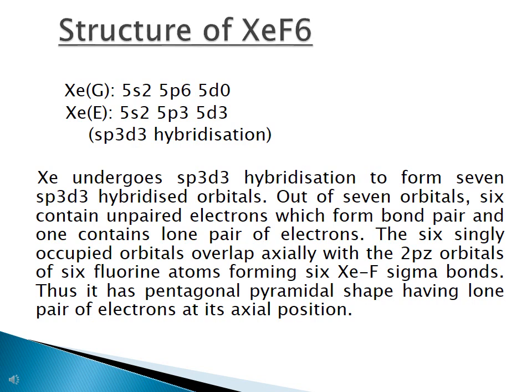Out of 7 orbitals, 6 contain unpaired electrons which form bond pairs and 1 contains a lone pair of electrons. The 6 singly occupied orbitals overlap axially with the 2pz orbitals of 6 fluorine atoms, forming 6 Xe-F sigma bonds. Thus, it has pentagonal bipyramidal shape having the lone pair of electrons at its axial position.